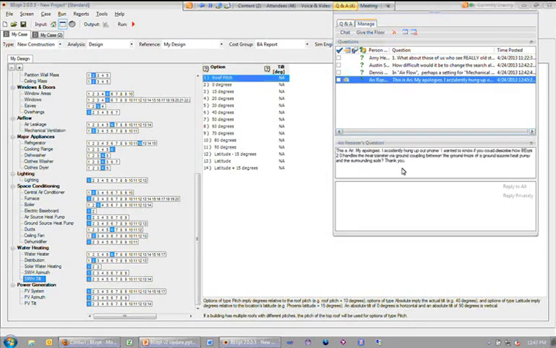And it looks like we've got a question from Ari. Wanted to know if you could describe how BEopt 2.0 handles the heat transfer via ground coupling between the ground loops of a ground source heat pump and surrounding soils. I would refer this question to the Energy Plus documentation or DO2 documentation, depending on which engine you're using.